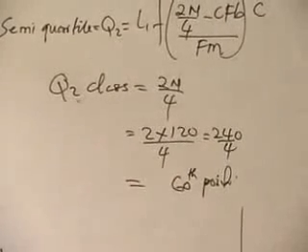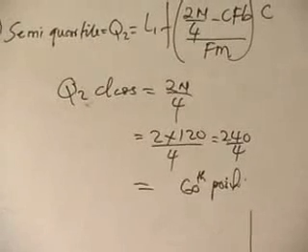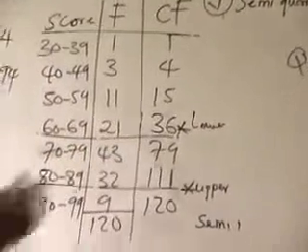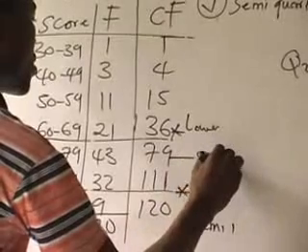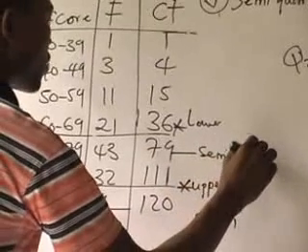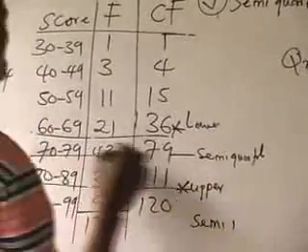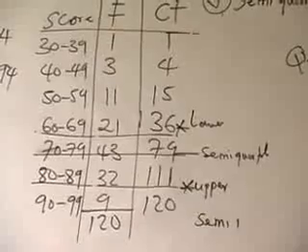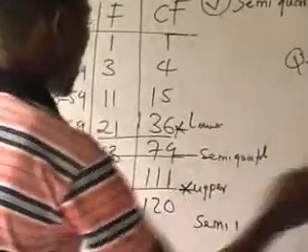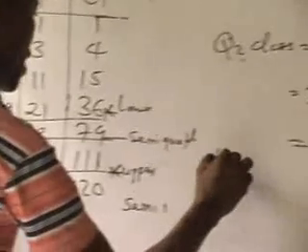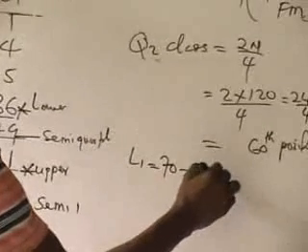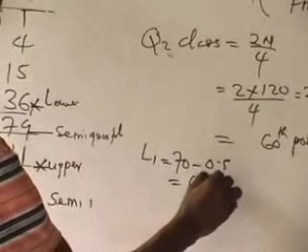So we call it the 60th position. Since it is the 60th position, where does it fall? The first cumulative frequency that reaches up to 60 is this one. So this is where our semi-quartile class falls. Actually, we are not to write this; I'm just writing it for you to know. Now, what is my L1? My L1 as usual is 70 minus 0.5, which is equal to 69.5.